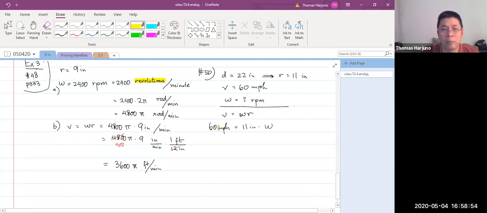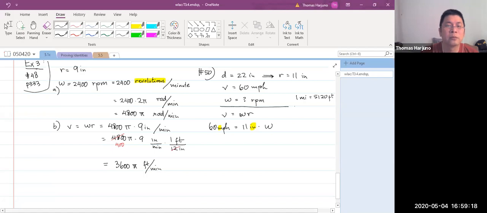One of them is in miles, the other one is in inches, right? Now do you know 1 mile, how many feet? 1 mile is 5,120 feet. Am I right? Or 5,180. Let me check.